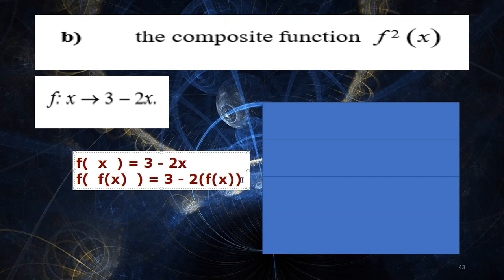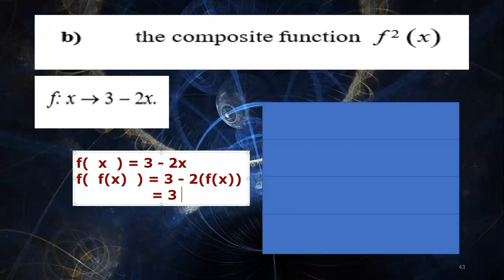You guys awesome. So at this point, what do we do? We simply complete the change. So 3 minus 2 into, what is f of x? f of x is 3 minus 2x. So I'm going to put 3 minus 2x into here.